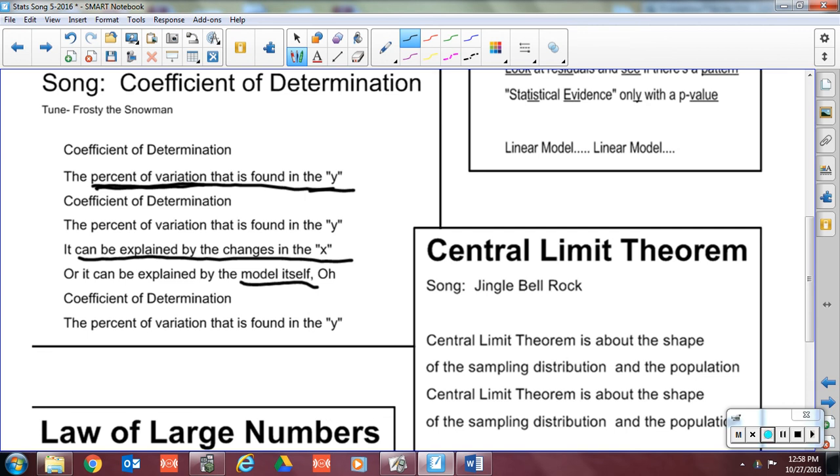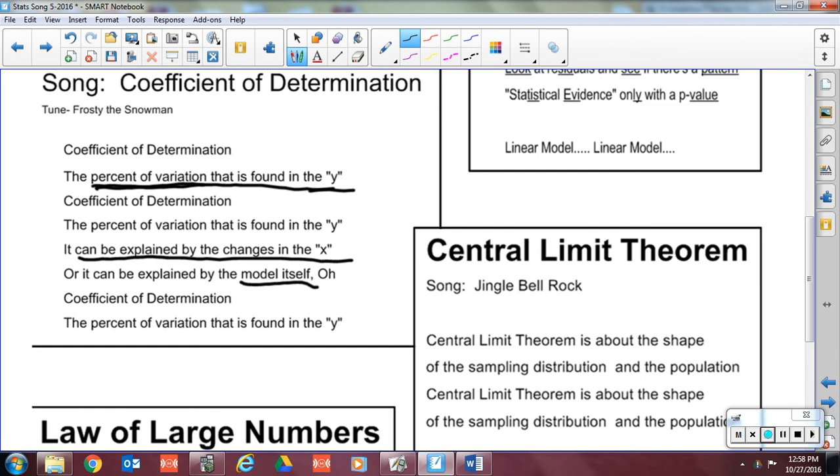All right, so let's sing it one more time, and then we'll go put them in our packet. Here we go. You ready? Everybody sing now. Coefficient of determination, the percent of variation that is found in the Y. Coefficient of determination, the percent of variation that is found in the Y. It can be explained by the changes in the X, or it can be explained by the model itself.